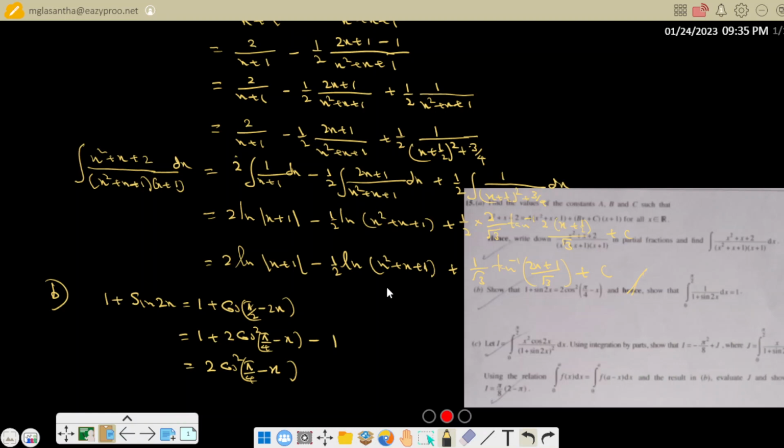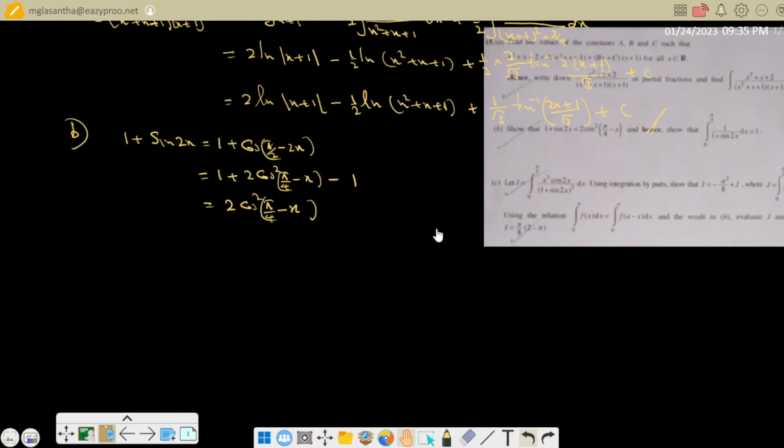Okay. Then you have to find this integral. We have to integrate this function from 0 to pi by 2, 1 over 1 plus sine 2x dx.